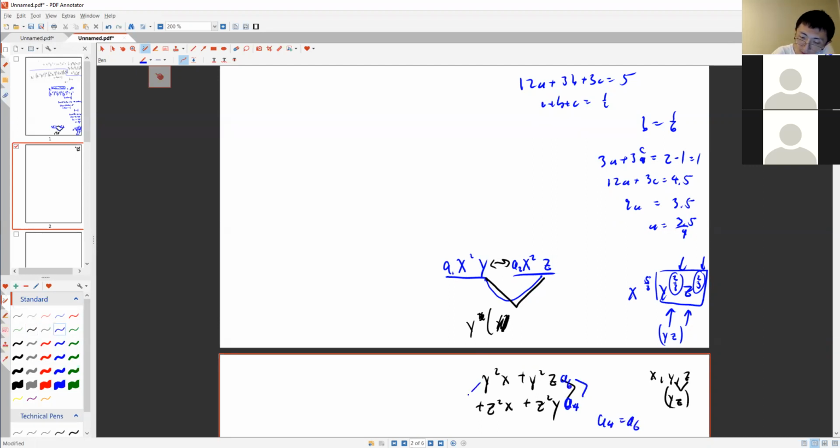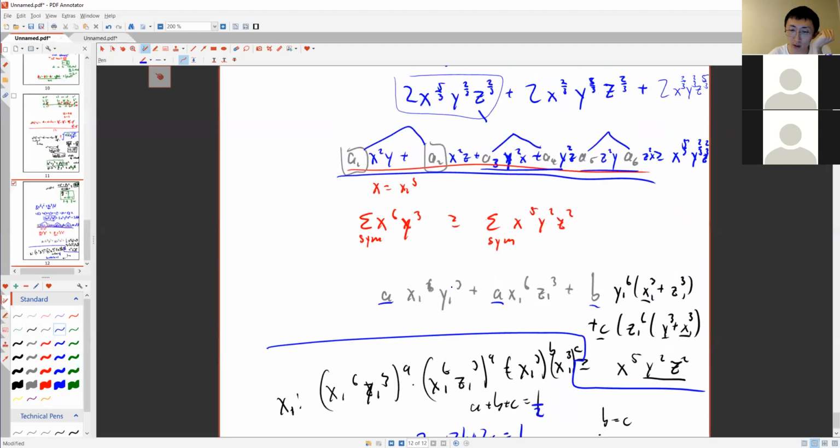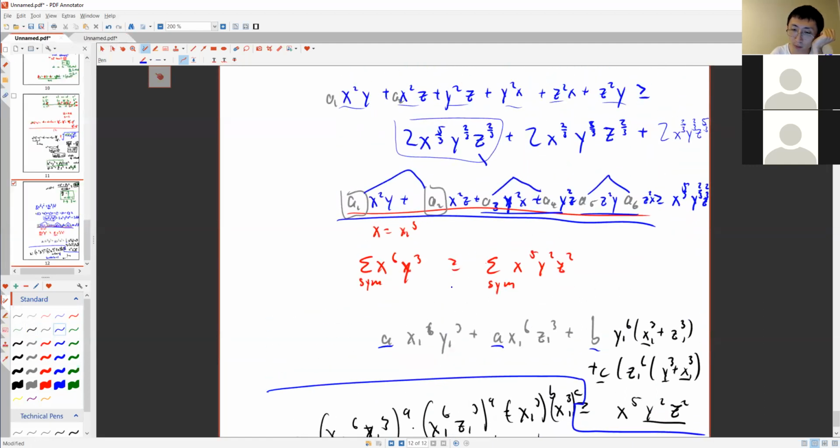And then if I swap x and y here, then they should have the same coefficient. Yeah, so A3 equals A5. This is A3 and this is A5 as the coefficient. So yeah, sorry, that's a really good question. Thanks for pointing that out since I had made a mistake on the previous page. So the y squared becomes a z squared, y squared x becomes a z squared x.